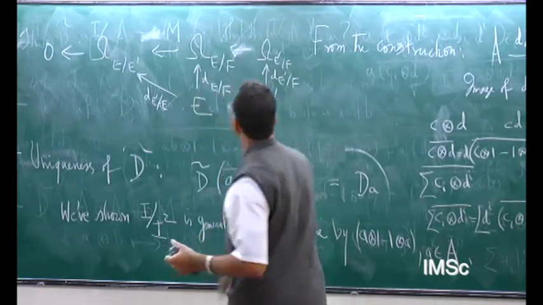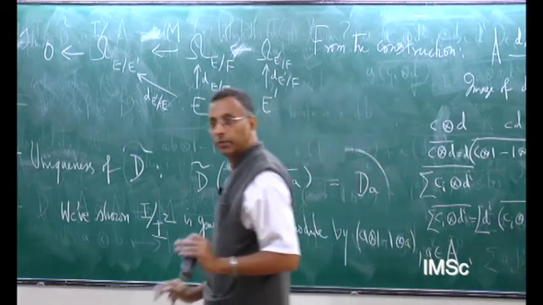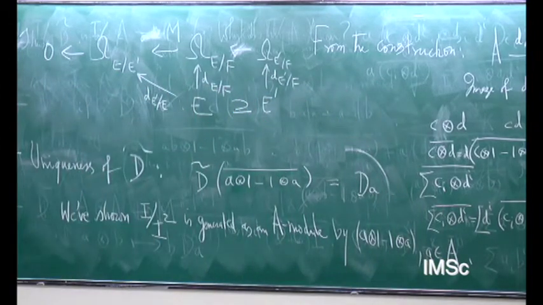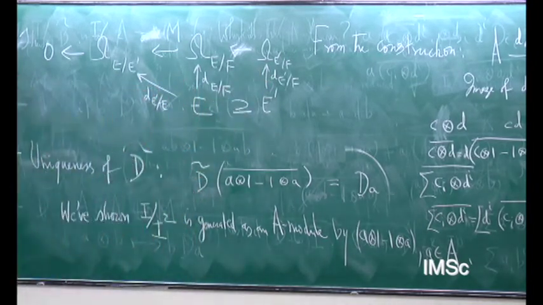Okay, let's see what now. So I have this, right? You need omega E over F to be an E prime module.